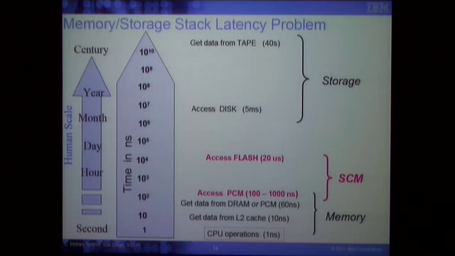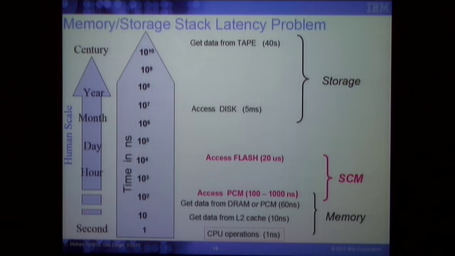This picture is just trying to show how the speed differences between these different types of data storage media can be related to in terms of real life times. If you equate 1 nanosecond to a second in real life, accessing tape becomes like a century kind of time frame.